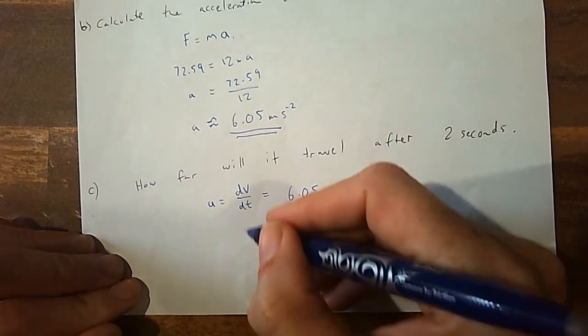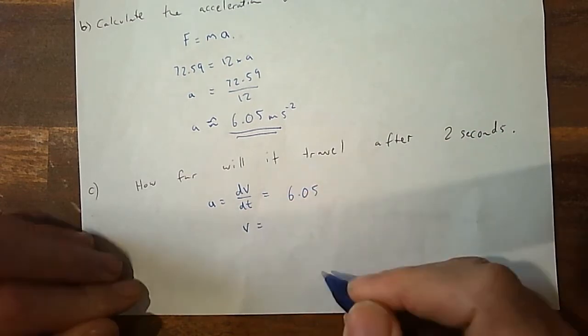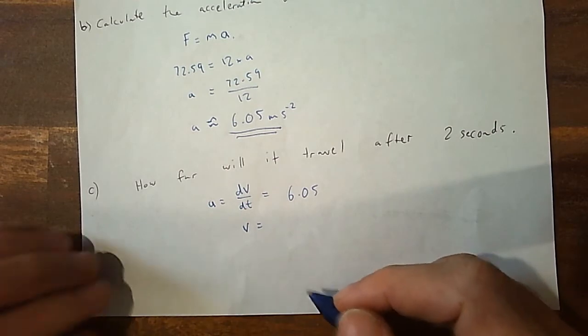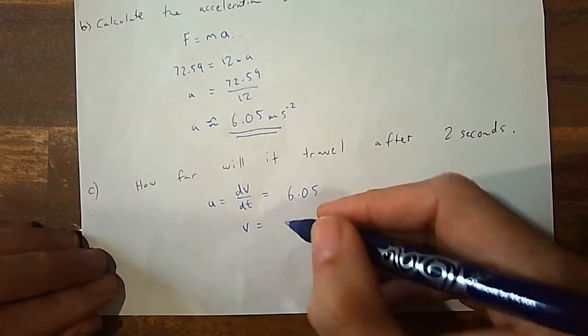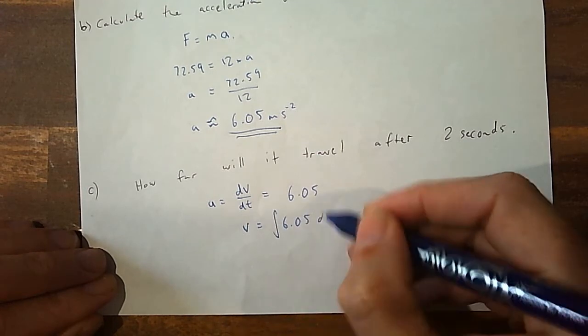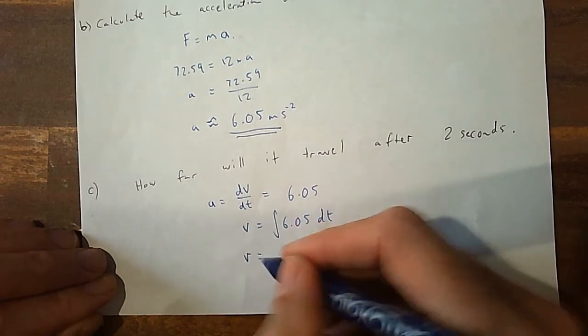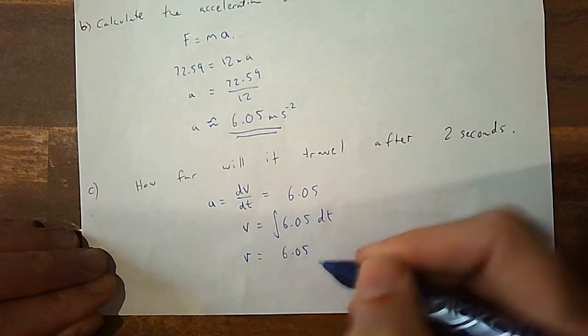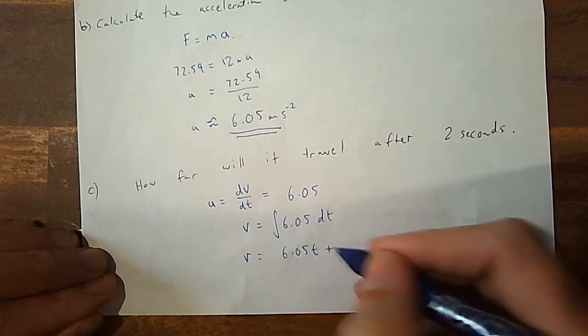If I want to work out the velocity, I integrate both sides in relation to t, so I end up with v equal to 6.05 t plus c.